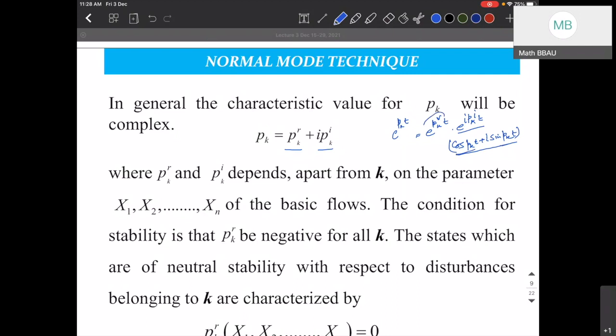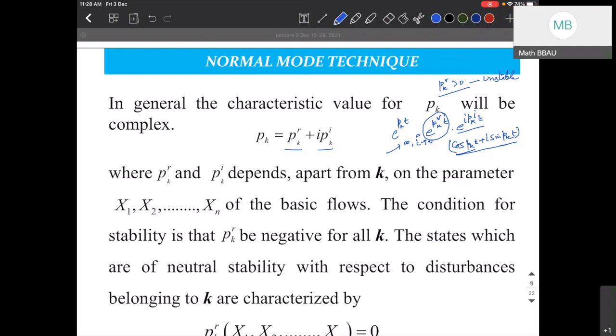But what about the first factor? Now see, if p_kr is positive, then this value goes to infinity as t goes to infinity. Means when we apply the disturbance, then with respect to time, the system will be displaced from its original position, and there will be instability. So p_kr positive means the system will be unstable.